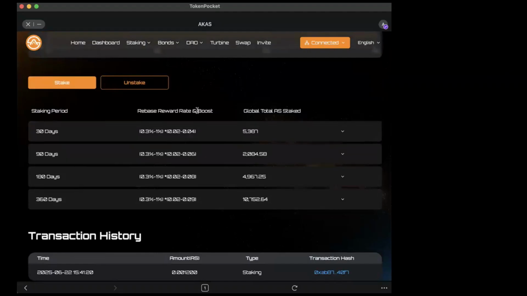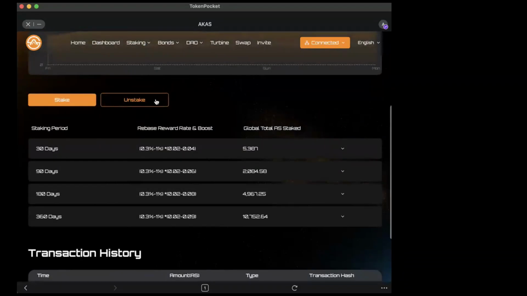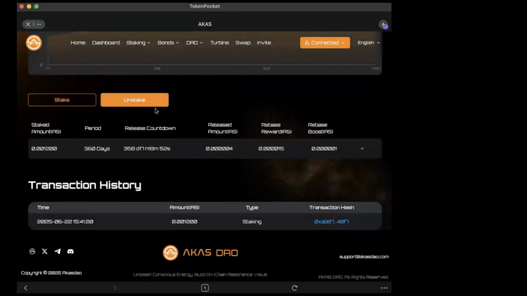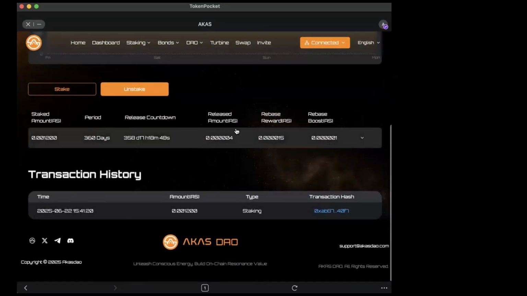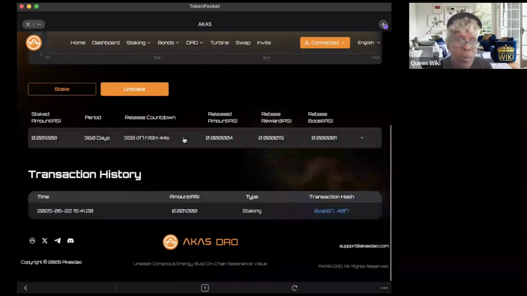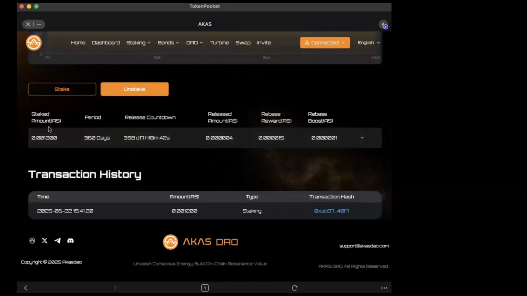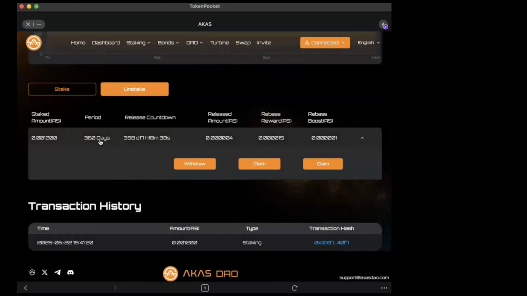I see my node. Your node here, actually for all the nodes we can see from unstake here. This is the Genesis node. You can see from here the 360 days, and this is counting down.